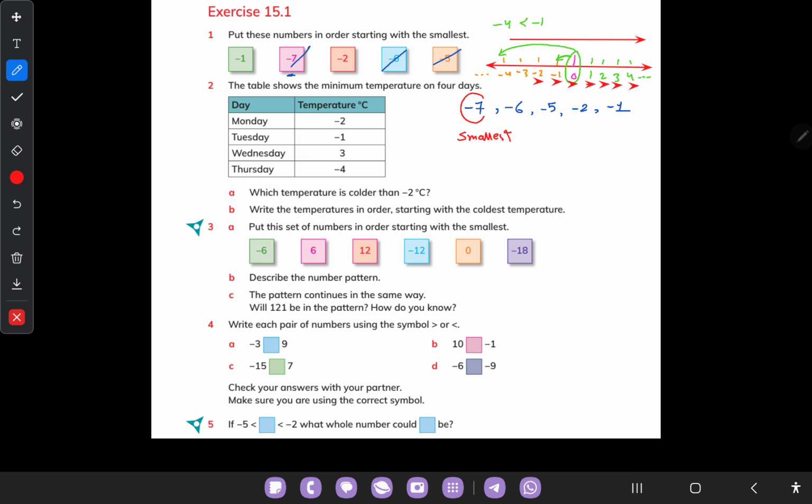Okay, in question number 2, the table shows the minimum temperature on 4 days. Letter A, which temperature is colder than negative 2?